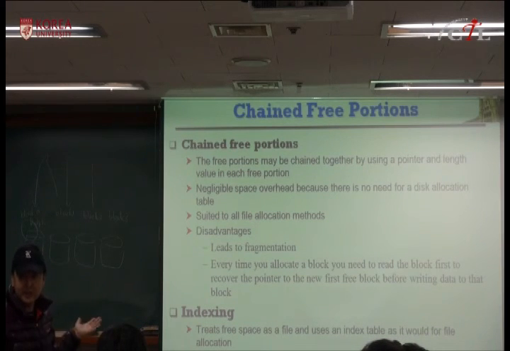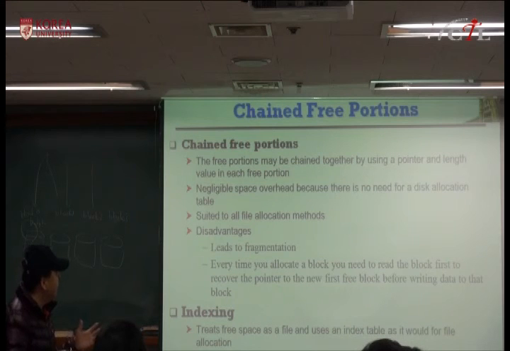It's like chained allocation. For each chain you have a pointer to the next portion and the size of each portion, and you can follow this chain. There is negligible space overhead because there is no need for a disk allocation table, since free blocks are chained. It's suitable for all file allocation methods. The disadvantage is that it leads to fragmentation.